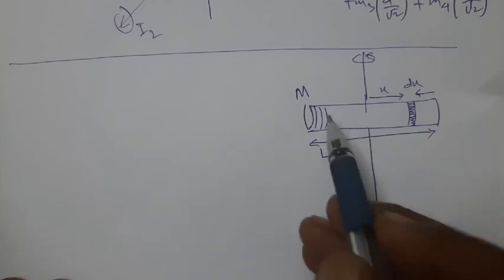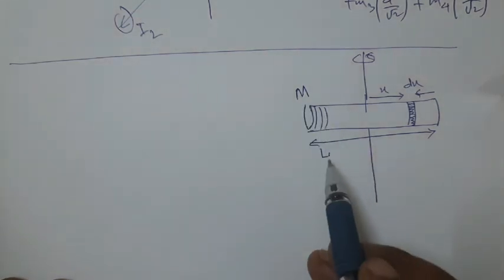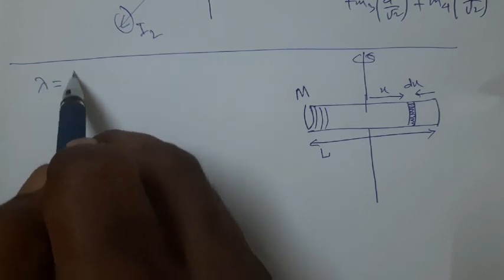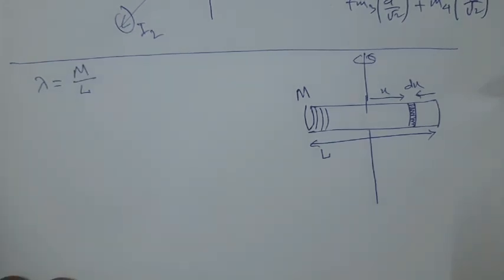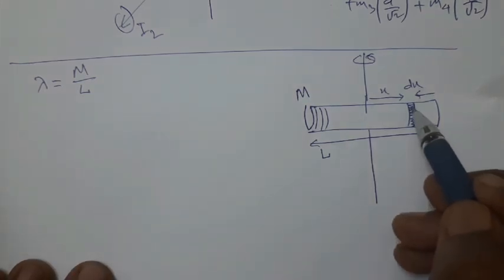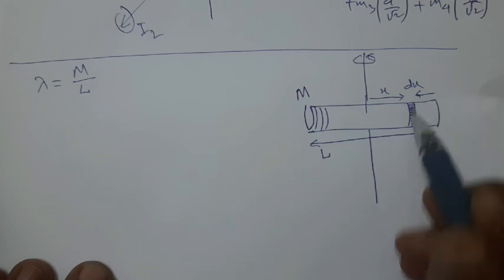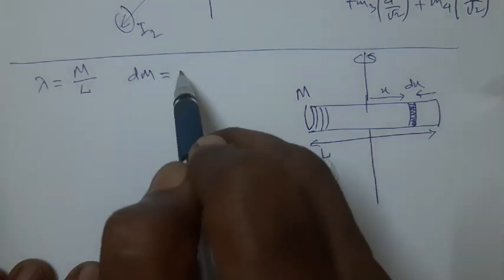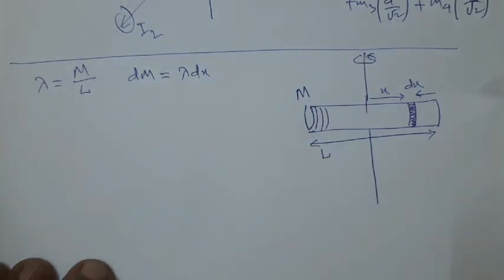Now, if m is the total mass and L is the total length, then I can define lambda to be the mass per unit length. It is very simple. It is total mass divided by length. And if I am interested in the mass of this element of length dx, then that can be treated as dm, which is equal to lambda into dx.